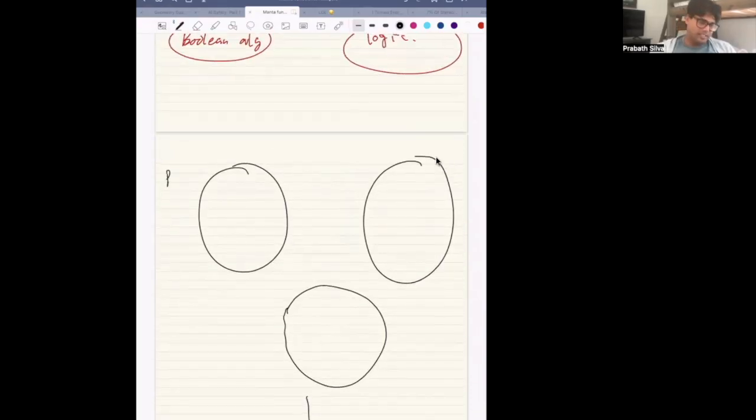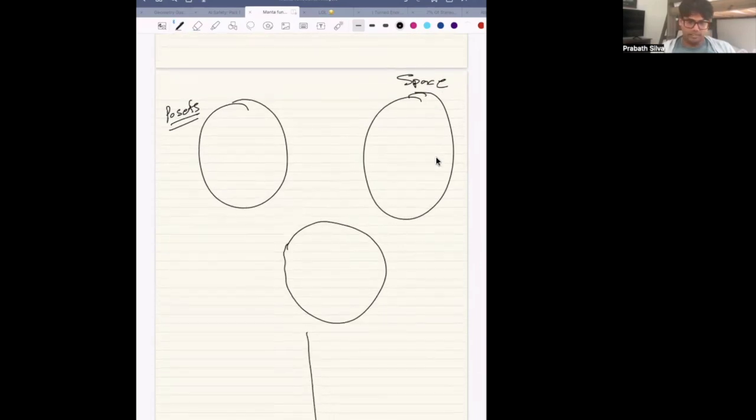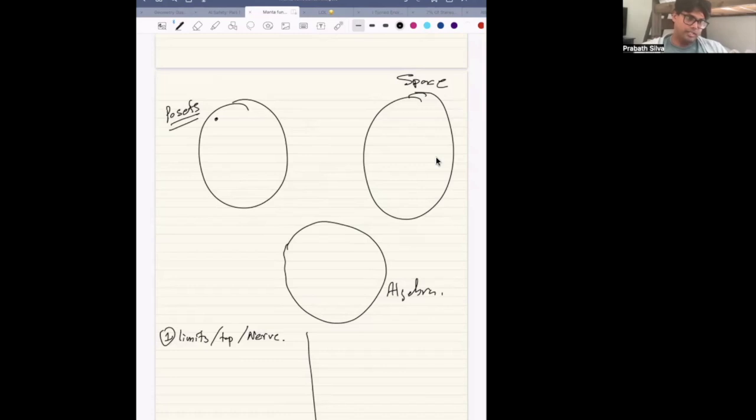So we have posets here, partially ordered sets, and in this world it's called space, and this word is algebra. Let me tell you what the next steps are. We'll talk about limits and topologies, and there's something called the null of a category. Those things live in here.